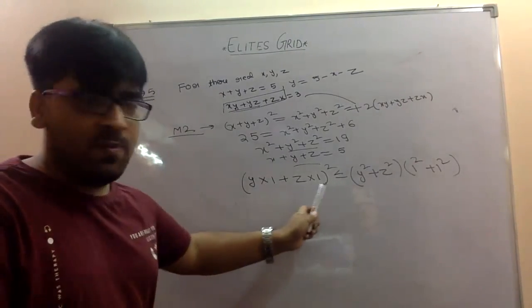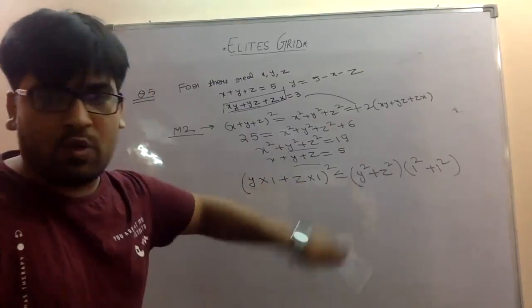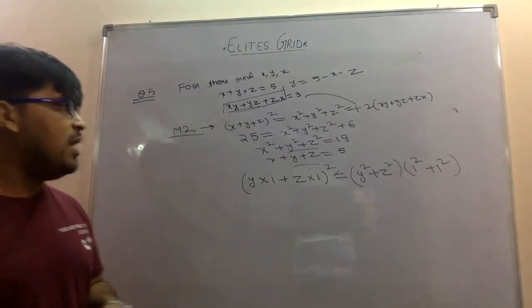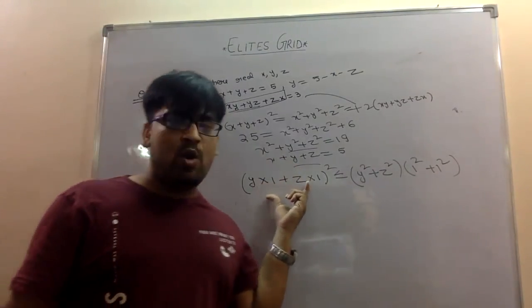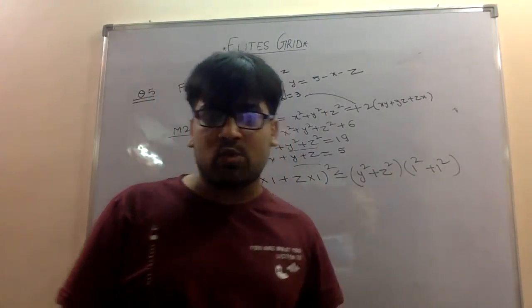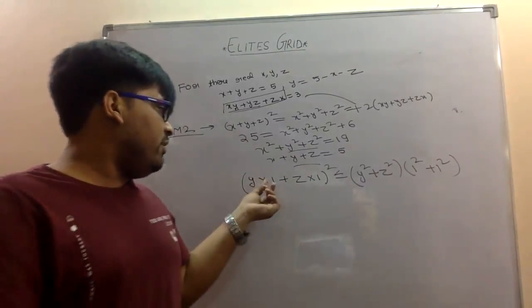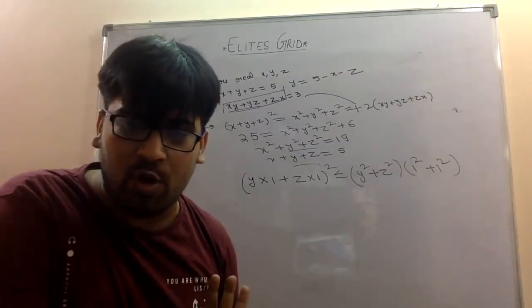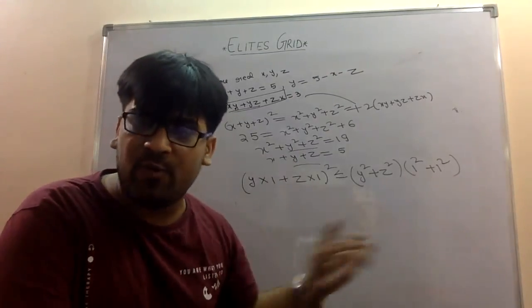We have y into 1 plus z into 1 whole square less than or equal to y square plus z square into 1 square plus 1 square. Why 1? Because we know the value of y plus z, and we know the value of y square plus z square. You can take any variables you want, you can take 2, 3 or 4, 5.